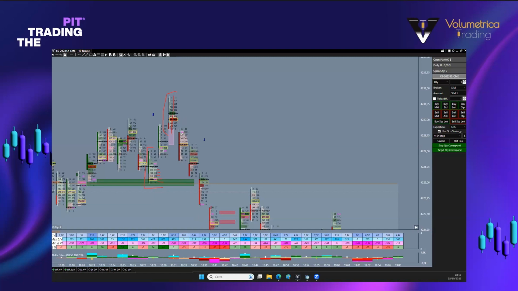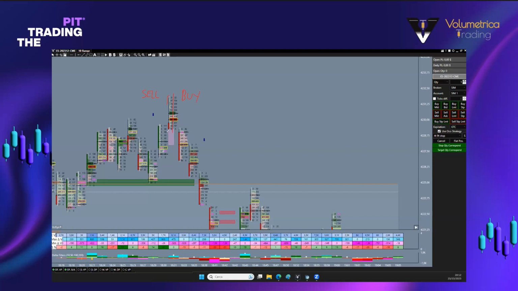Respectively, aggressive buyers, which are the ones we can see in the right-hand column of each bar, and aggressive sellers, the ones you can see in the left-hand side of the candle.